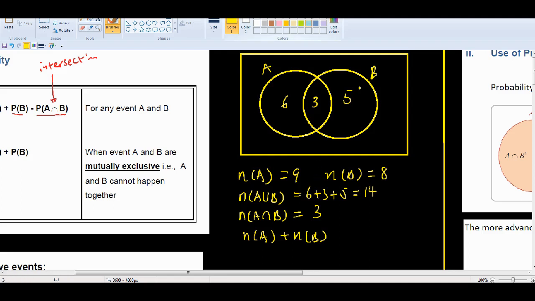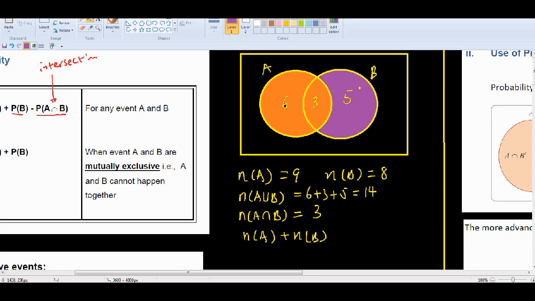The reason is, let's highlight: if you add A, that means you add the whole orange circle, right? But when you add B, that means you add the whole purple circle. You see the intersection part, that's the 3, that's the region we add twice.